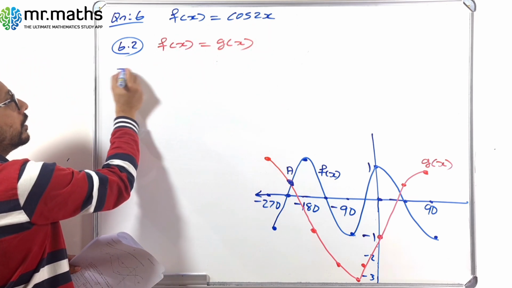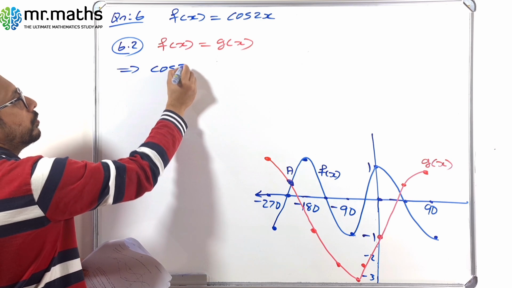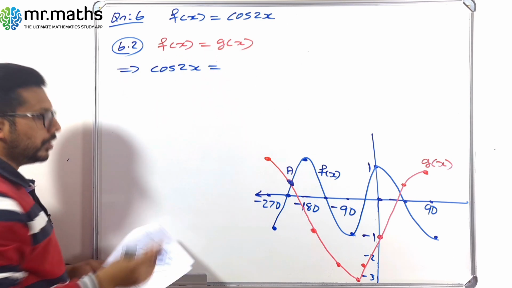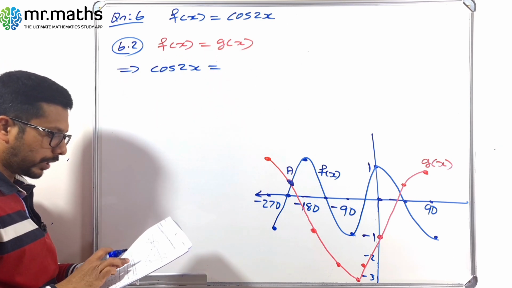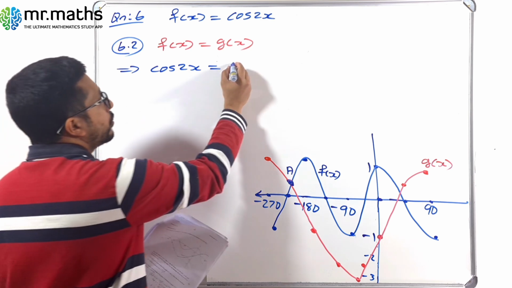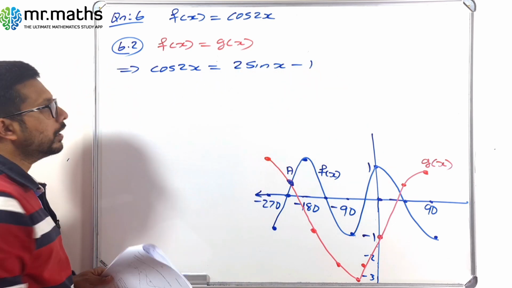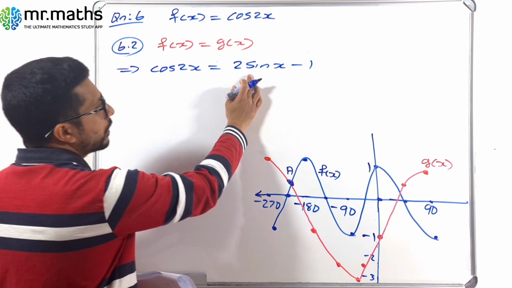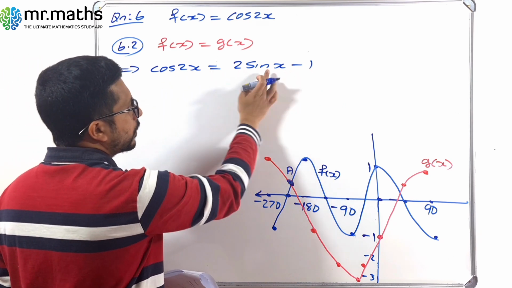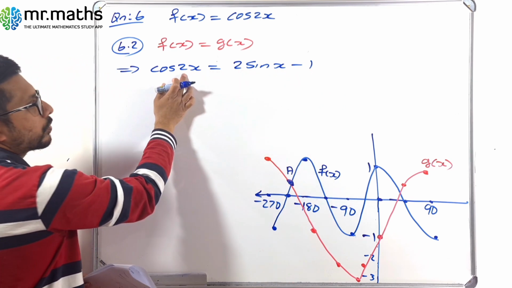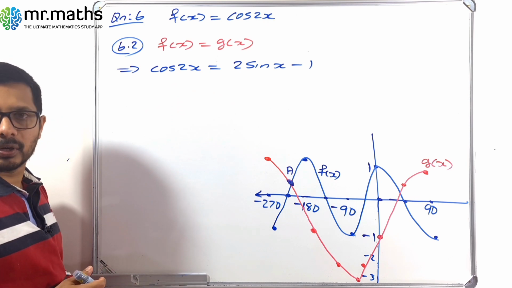cos 2x. It implies that cos 2x is equal to, what is g of x? 2 sin x minus 1. So cos 2x is equal to 2 sin x minus 1. Here, the constant term and sin x, I'm trying to make it a quadratic equation.